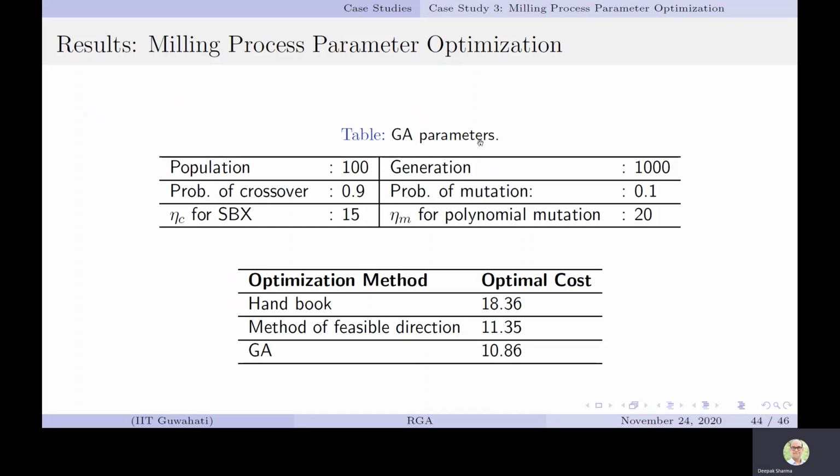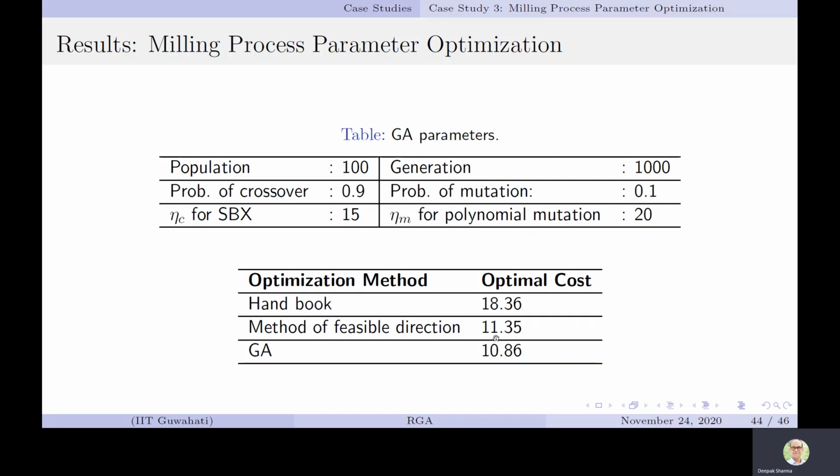So we solve this problem using GA, basically real coded GA, 100 population, 1000 generation, probability of crossover is 0.9, probability of mutation is 0.1, eta C 15, eta M 20. Now for this particular problem, the handbook solution is given, which says that the cost is 18.36. We also use the method of feasible direction that is also given in the literature.